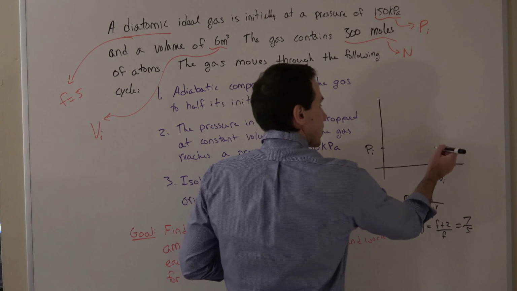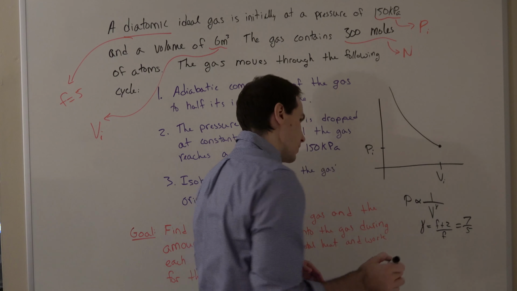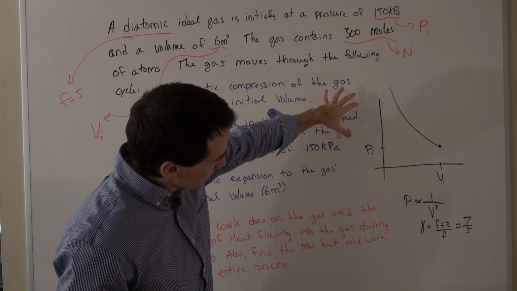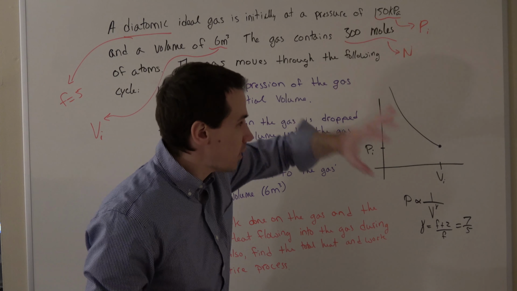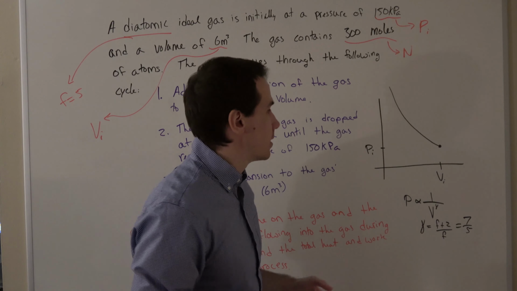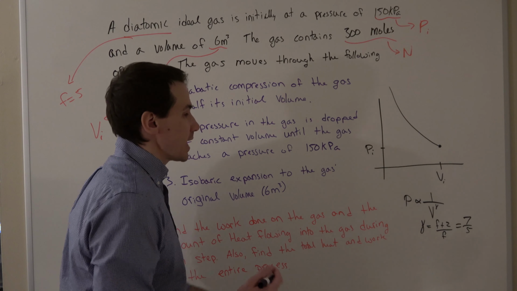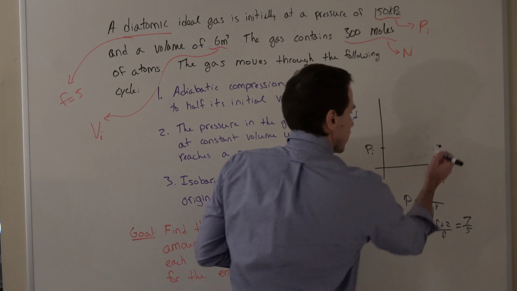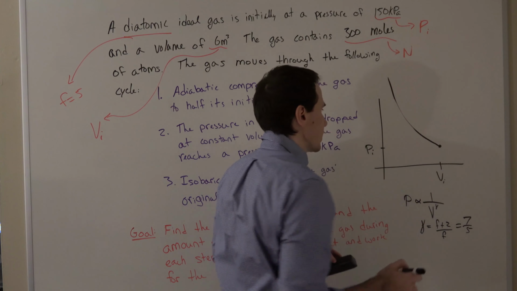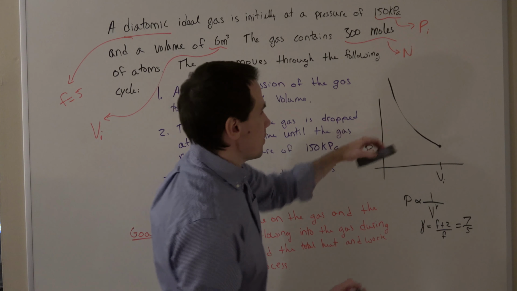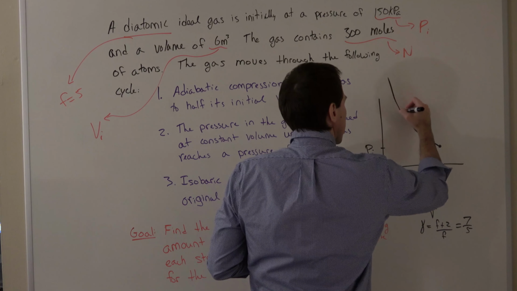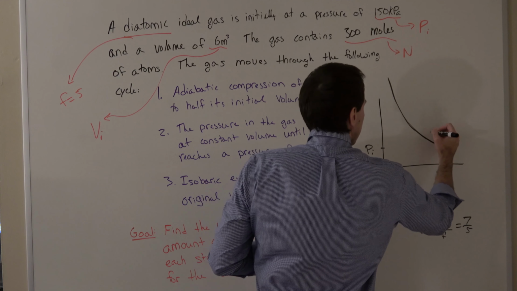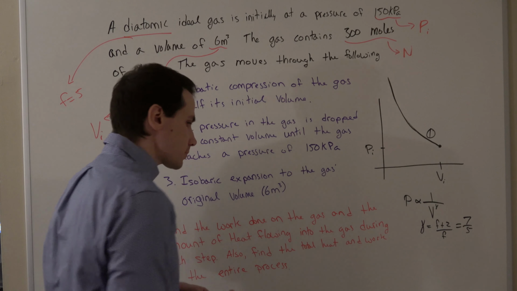So I'm going to get some kind of steep growth function out of this pressure. As the volume shrinks, the pressure is going to rise to be exponentially large as the volume gets ever closer to 0. So I'll draw this a little bit better. Like that maybe. So this is my first step, my adiabatic compression. Okay, so I'll label that as 1.